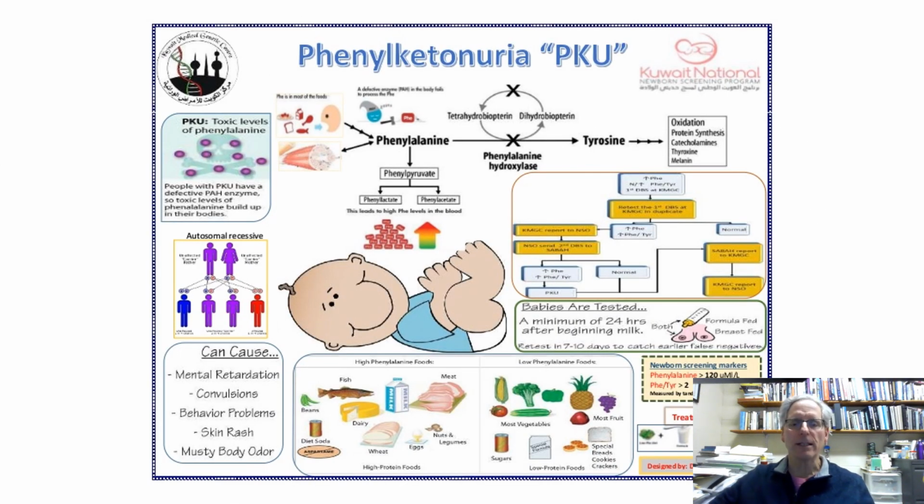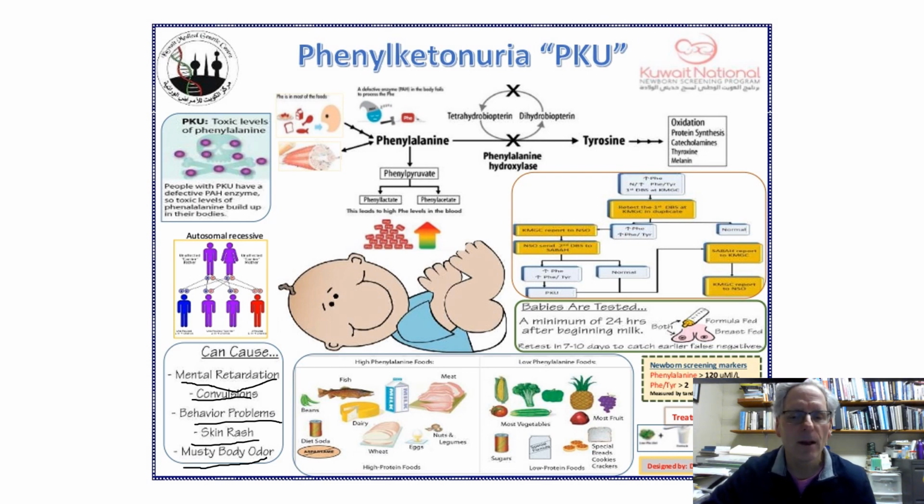So here's the straight skinny on phenylketonuria, PKU. This is an autosomal recessive trait. It can cause mental retardation, as you can see, and convulsions, behavioral problems, skin rashes, and a musty body odor due to phenylalanine breakdown products that are released in the sweat and broken down by bacteria in the skin.